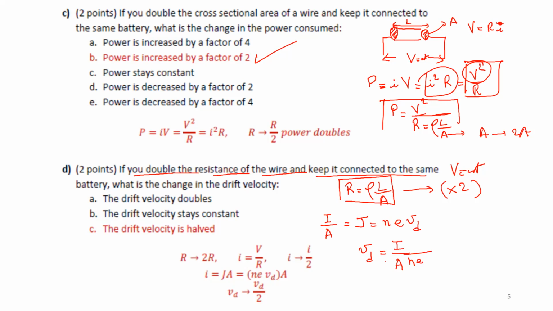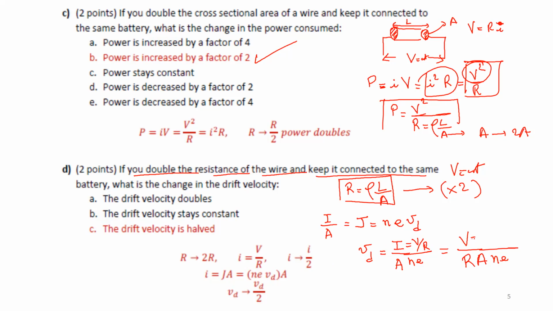Okay, great. But what is current? Current is just V divided by R, because it's a wire. So I have V divided by the resistance, divided by the area, divided by N E. This is the V drift. Do we agree?